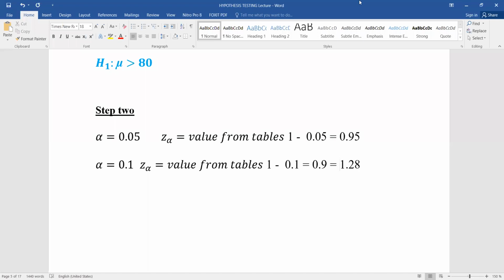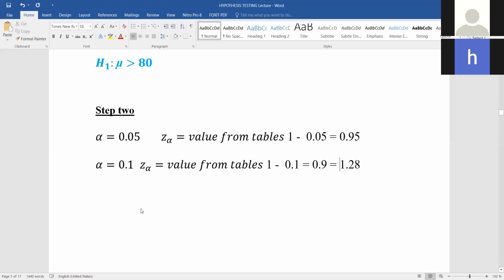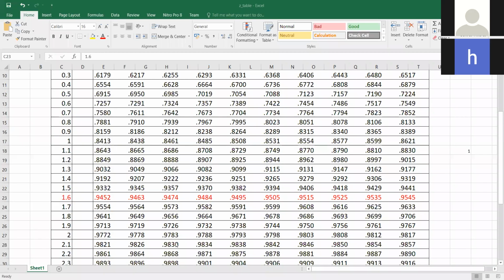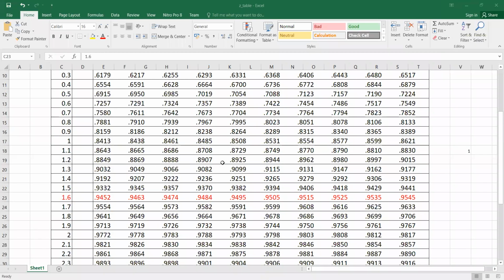So let me help those who don't want to check, but the next value I will not. So for 0.9, you go back to the table and look for the value that is close to 0.9.